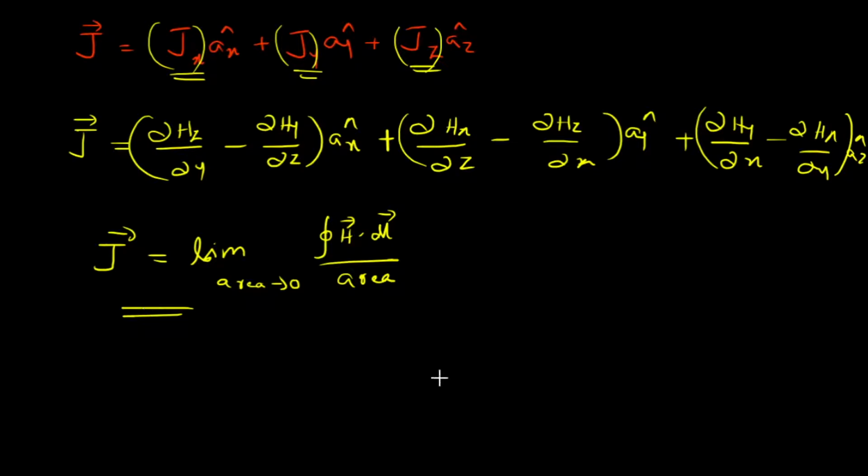Now what does this convey? This is a ratio of the line integral of h over the area of the closed path as the area is shrinking to 0.